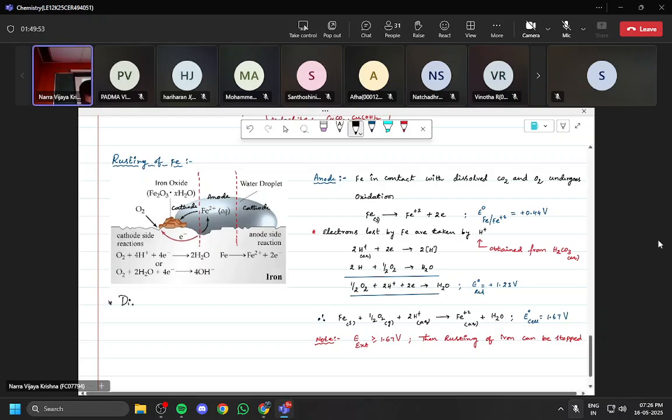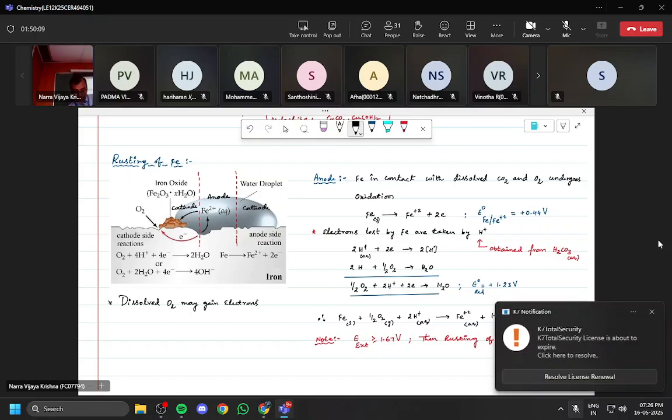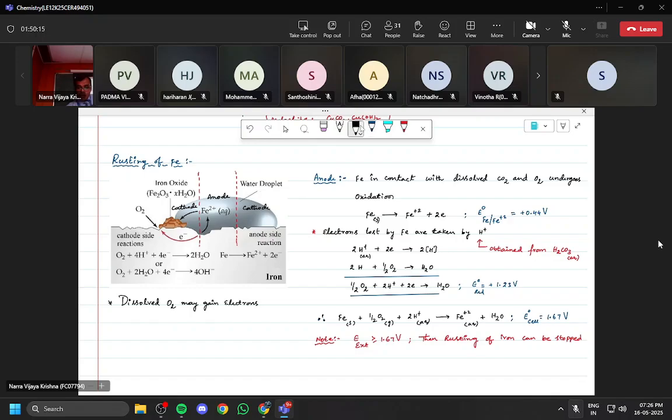If dissolved oxygen is more, can I write the reaction as half O2 plus H2O plus 2 electrons gives rise to 2 OH minus aqueous? So the reaction balances out.